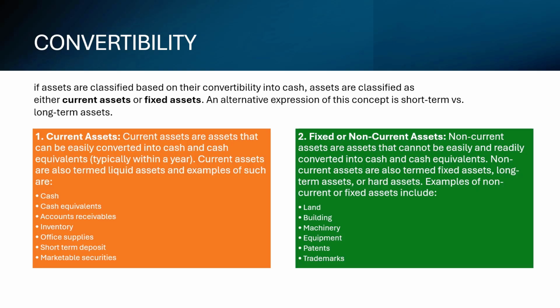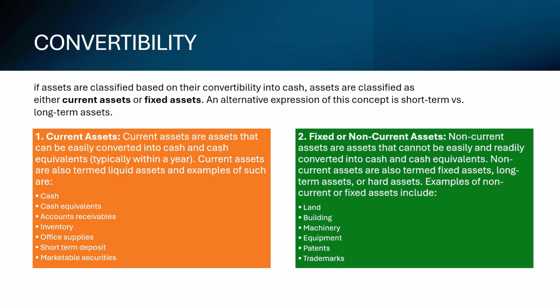By convertibility, if assets are classified based on their convertibility into cash, they are classified as either current assets or fixed assets. An alternative expression of this concept is short-term versus long-term assets. Current assets are assets that can be easily converted into cash and cash equivalents, typically within 1 year.